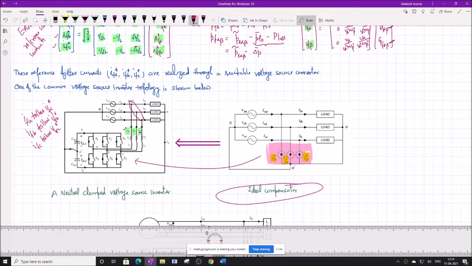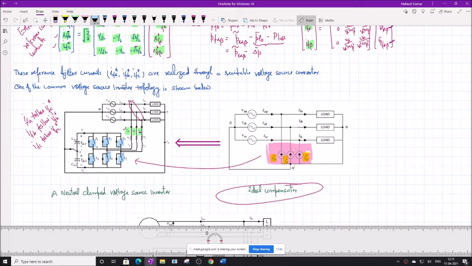How does this follow? This follows by having a certain switching control scheme. We will switch each leg of the inverter, let us say A phase leg, B phase leg, C phase leg. For this particular converter, there are 3 legs. So this is one leg, this is the second leg, and this is the third leg. Each leg's switches are switched in such a way that IFA follows IFA star.